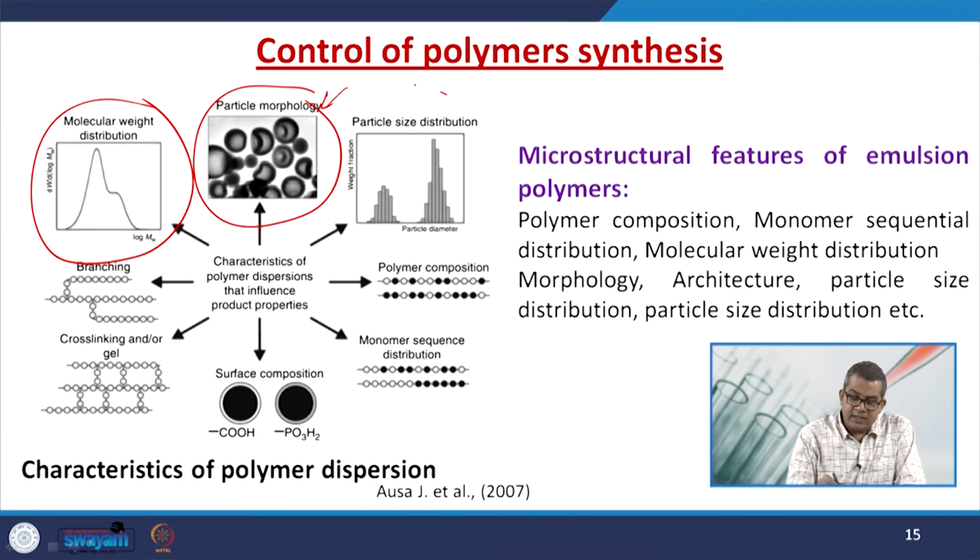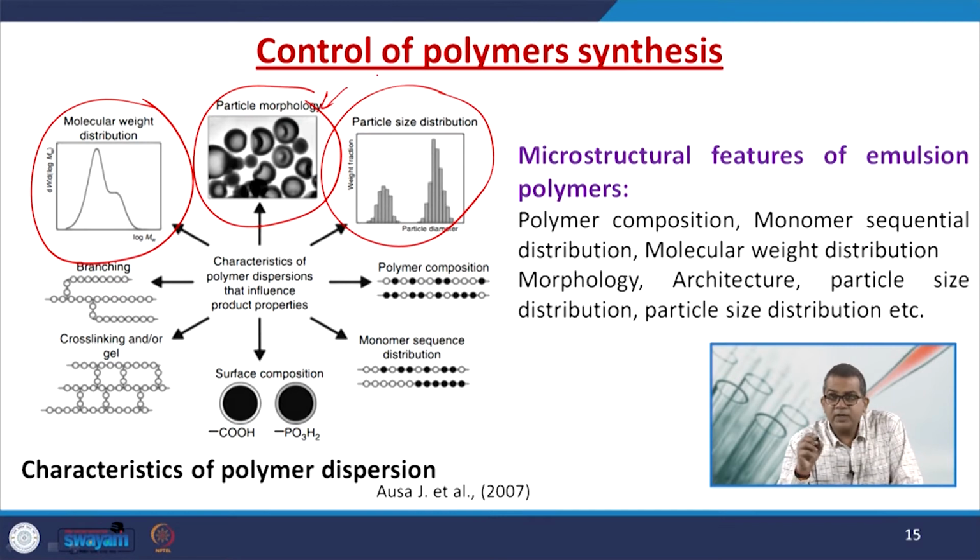Then the particle size distribution. You see that in the previous slides we discussed the different types of particle size. Suppose you are using polystyrene divinyl benzene beads, they may be required to have a particle size of say 16 to 25 mesh size, because they have a specific use.